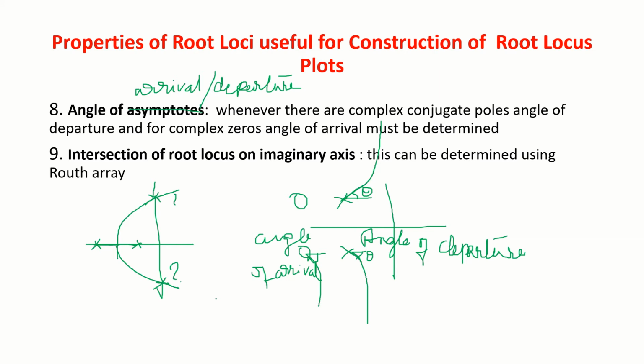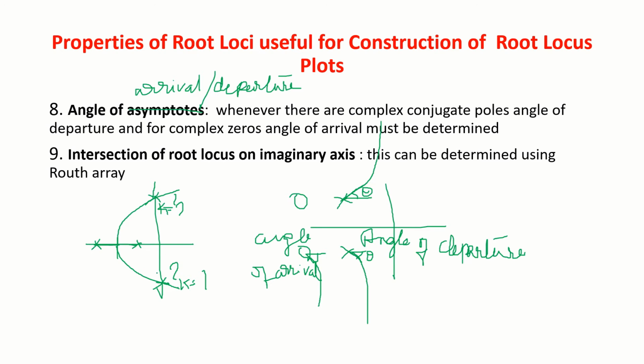What is the k value at that point? Here the roots are on the left-hand side, so the system is stable. When the roots come here, it becomes oscillatory. When the roots move to the right-hand side, the system becomes unstable. So this k gives the limiting value. Correct? Beyond this k value, the system becomes unstable. So using these rules, we can draw the root locus plot.